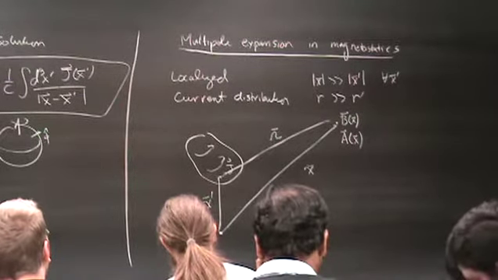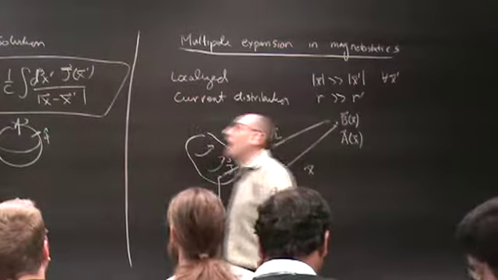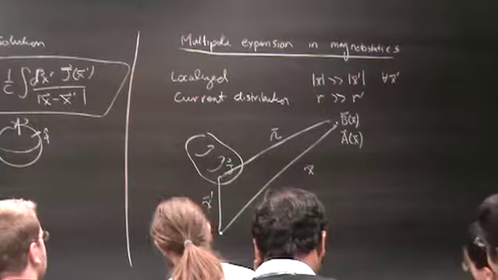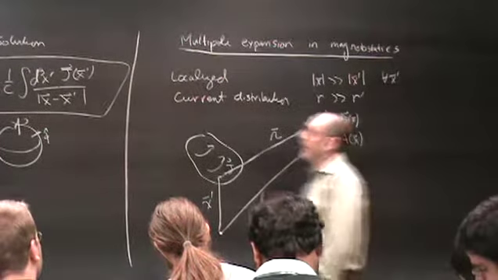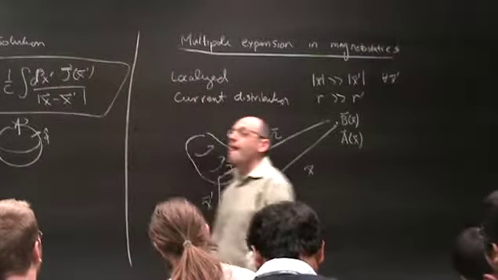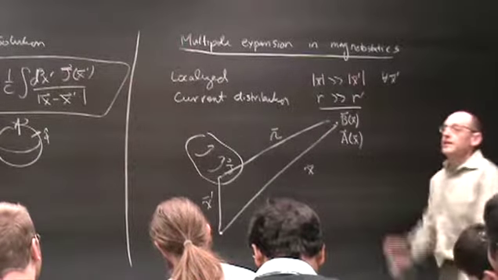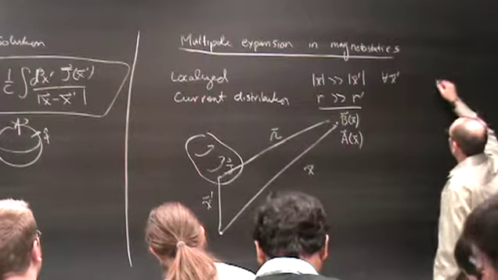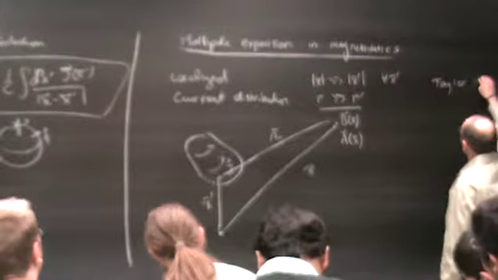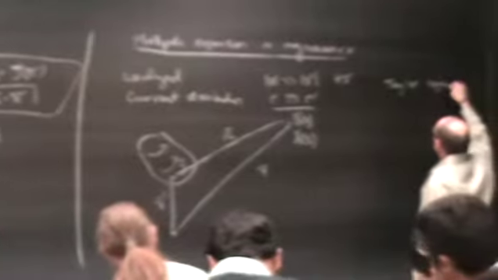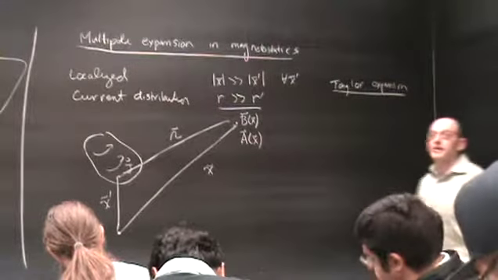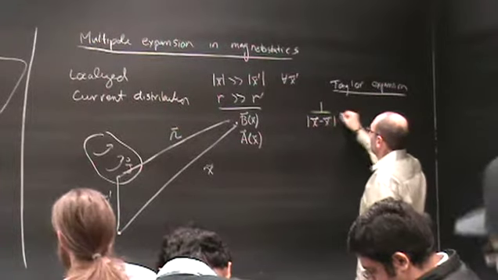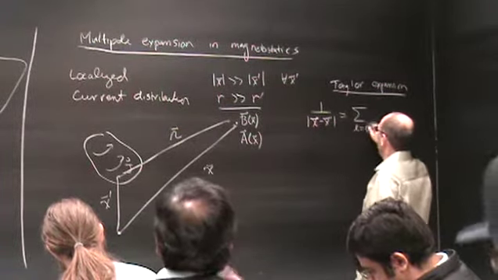Okay, so as we did in the electrostatic case, we can do this in general by Taylor expanding the Green's function under this condition. So we use the same Taylor expansion that we derived in the context of electrostatics to write the Green's function as a sum over polynomials.